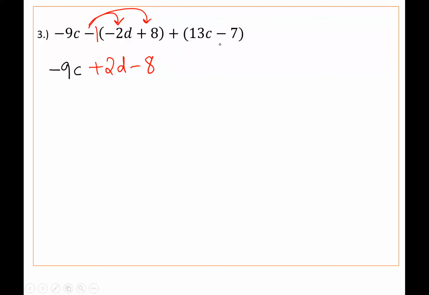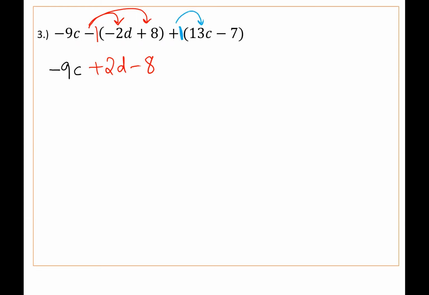Okay, and moving along in the problem, I have plus parentheses 13c minus 7. So now we're hitting up against this other parentheses. We don't really need those parentheses there at all because there's really nothing in front of the parentheses other than a plus sign. So if I were to distribute something, it's really just a +1.